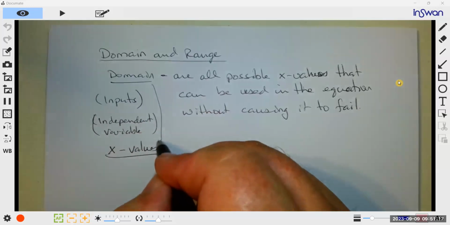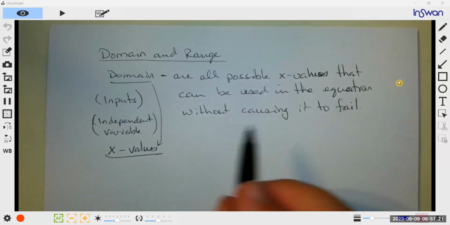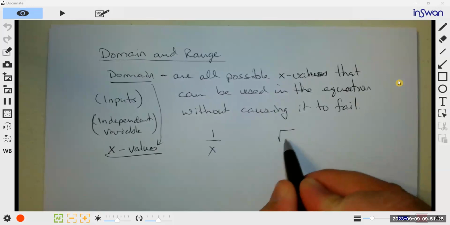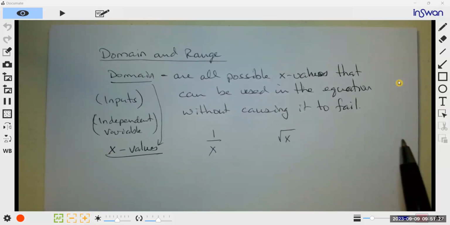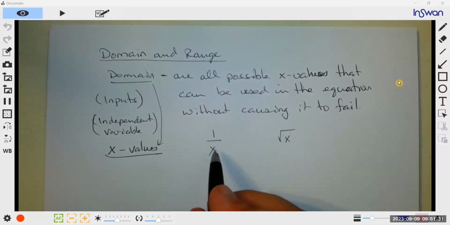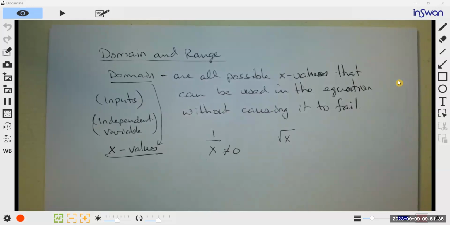So the domain deals with the x values. What do I mean by fail? Here are two examples. With fractions, when x is on the bottom, you cannot have a 0 on the bottom. That's impossible.